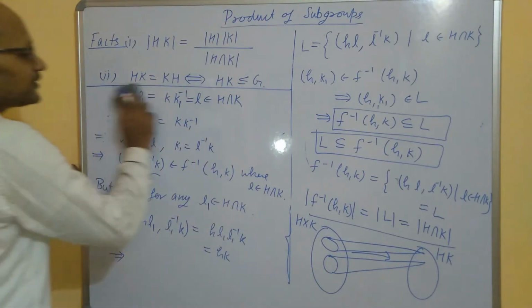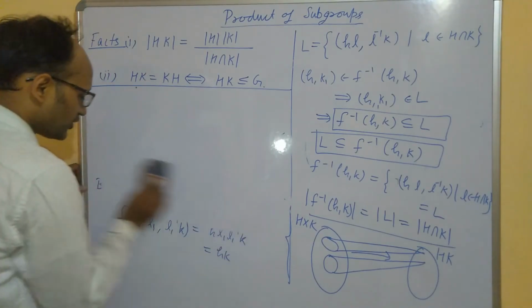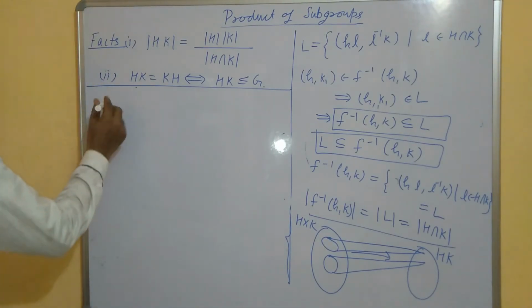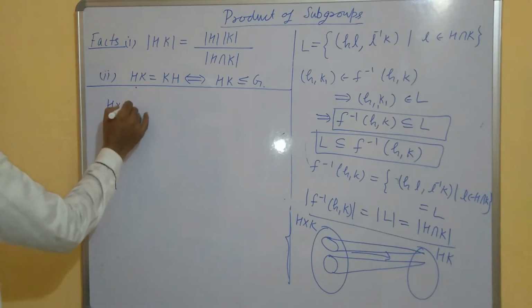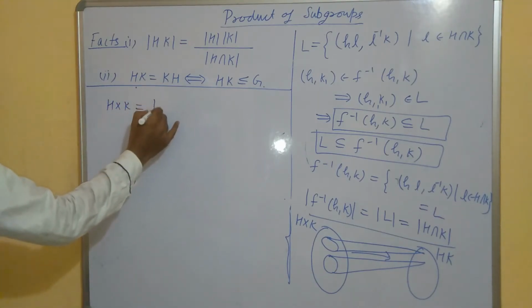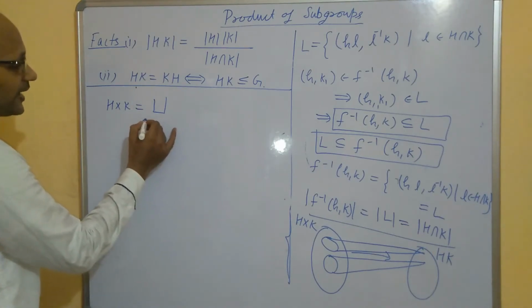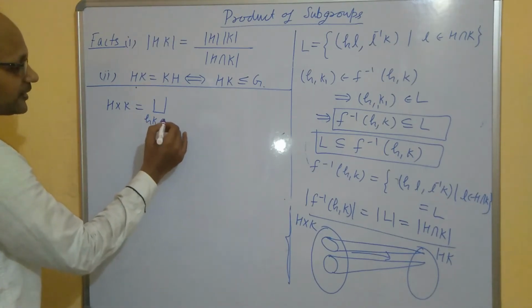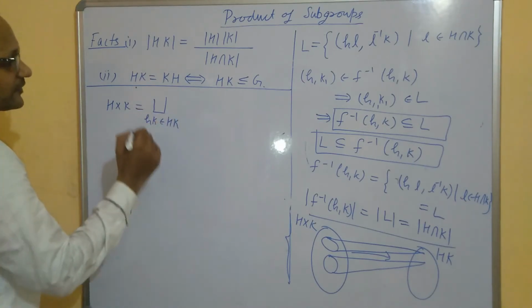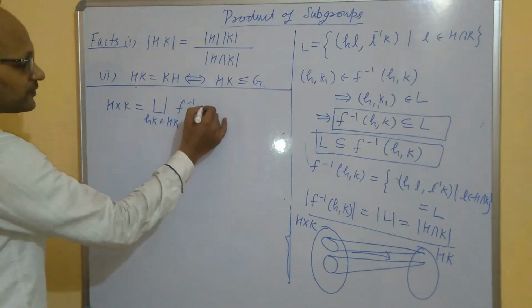So we can write that H cross K is actually the disjoint union, and this symbol is used for disjoint union, of F inverse of hk over hk in HK.